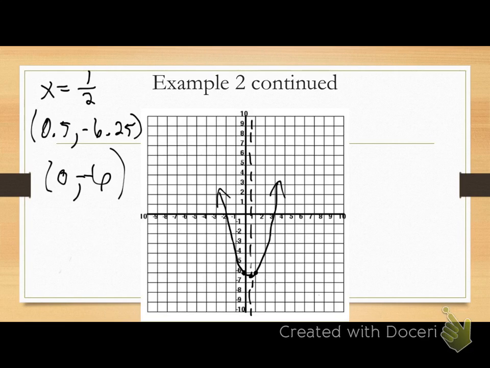I think I hear people saying it. 3, right? Where else? -2. It's crossing my x-axis at 3 and -2. So I know x equals -2. X equals 3. Questions there?